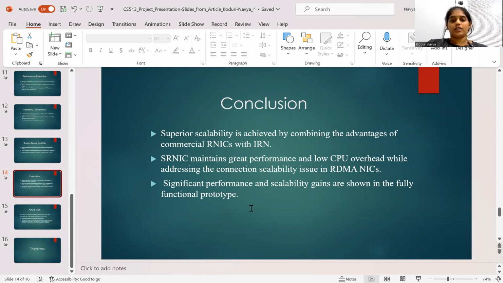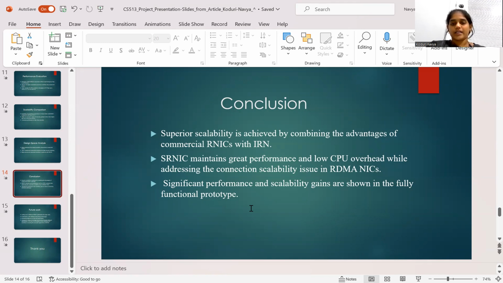Significant performance and stability gains are also shown in the fully functional prototype. This is the conclusion of the paper, that sRNIC has achieved both the connection and the network scalabilities.